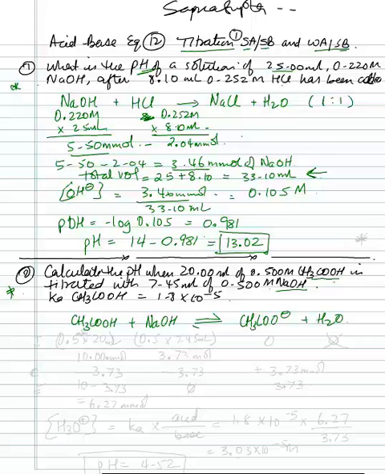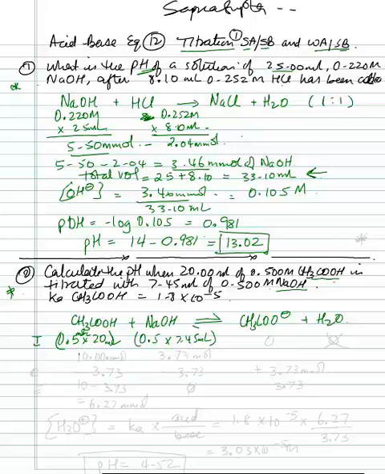So our initial amounts are what is given to us already, which is 0.5 times 20 milliliters, and this is moles per liter, and then sodium hydroxide is 0.5 times 7.45 milliliters.